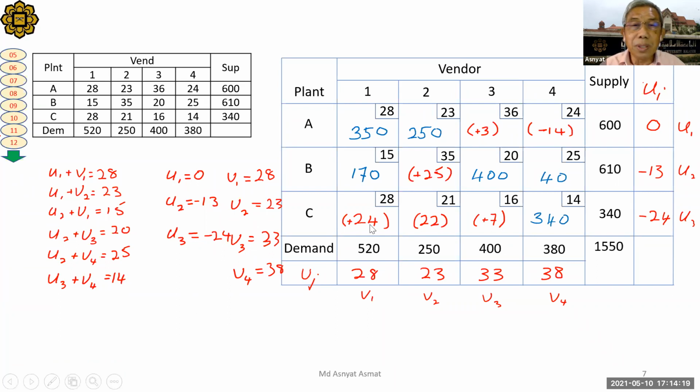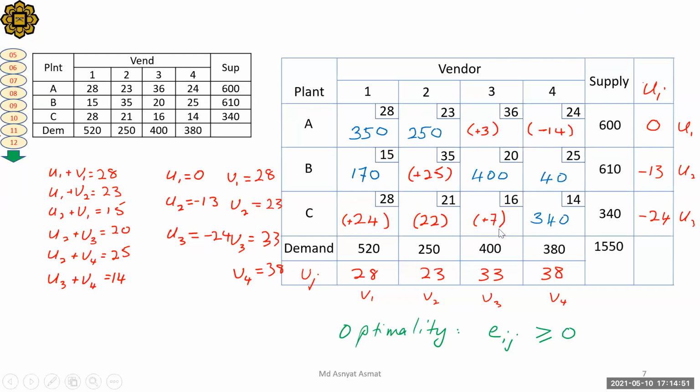Looking at the improvement index, the condition to be optimal is that Eij for all of them is greater or equal to 0. In this case, is it optimal or not?